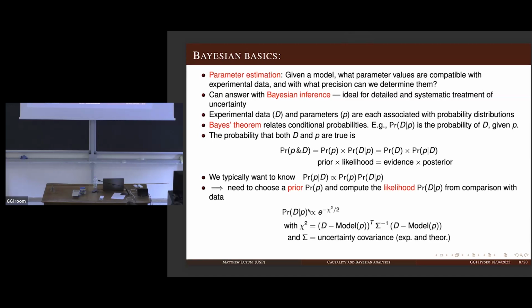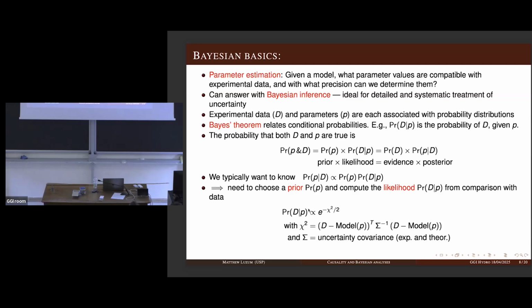All right, so there are two things that we need to do. We need to define this probability distribution of the likelihood. So if the model predicts some value and the data gives you some value for an observable, then you need to associate a probability with that. So it should be a higher probability if they're the same, and a low probability if they're different.